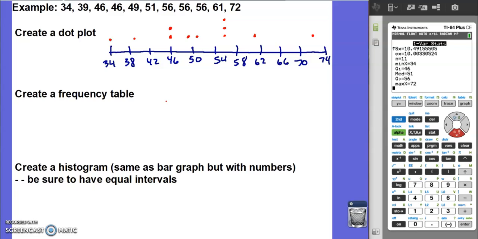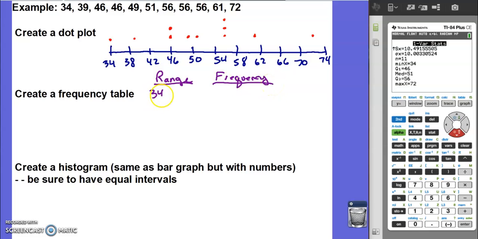Now, a frequency table. Again, if we use the exact same measurements counting by 4s, you don't have to. You can do groups of 5 or whatever the range is, but you're going to do something very similar. So you have the range and the frequency, and this is kind of like a little tally sheet.